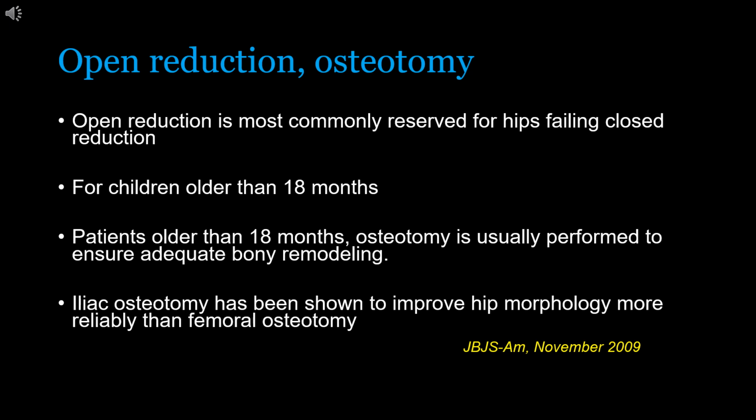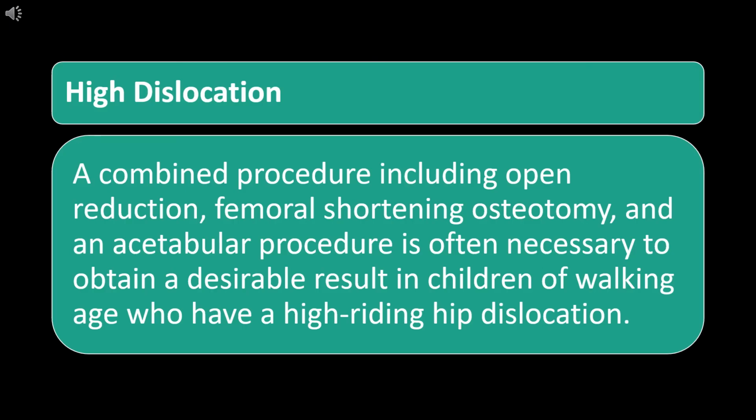Iliac osteotomy has been shown to improve hip morphology more reliably than femoral osteotomy. A combined procedure for high dislocations in patients with DDH. A combined procedure including open reduction, femoral shortening osteotomy, and an acetabular procedure is often necessary to obtain a desirable result in children of walking age who have a high riding hip dislocation.